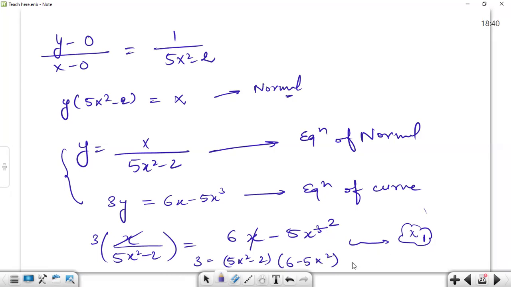Have I made any mistake or not? No, everything is correct, I guess. Yes. 3, (5x squared minus 2), (6 minus 5x squared). Okay, great. So let's solve this further.